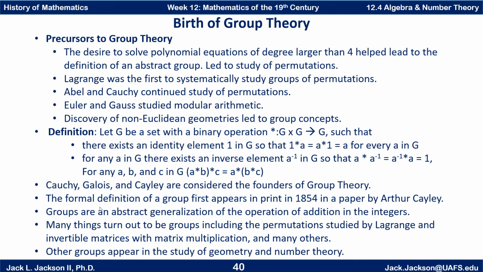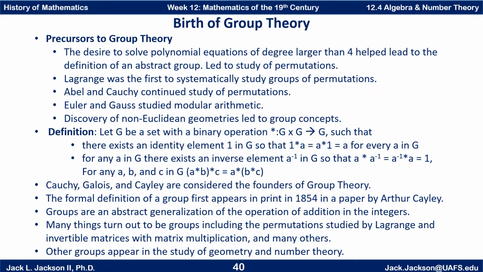Okay, so Cauchy, Galois, and Cayley are considered the founders of group theory. Group theory becomes a very important area of research starting a little bit before, but mainly in the 19th century and then on till today. The formal definition of a group first appears in 1854 in a paper by Arthur Cayley.